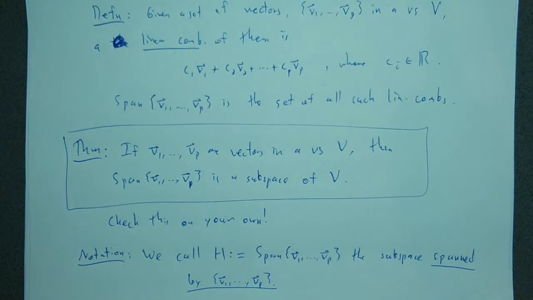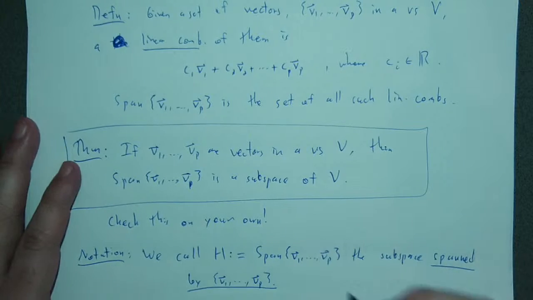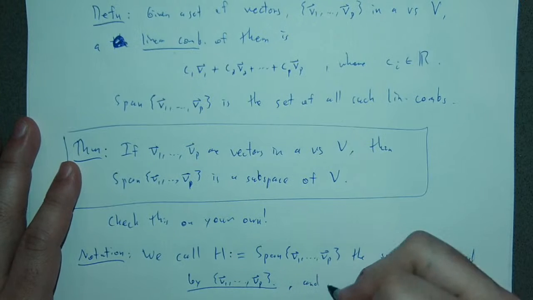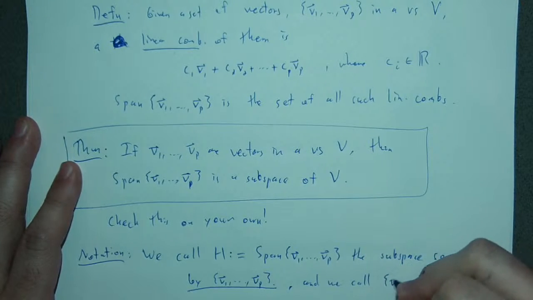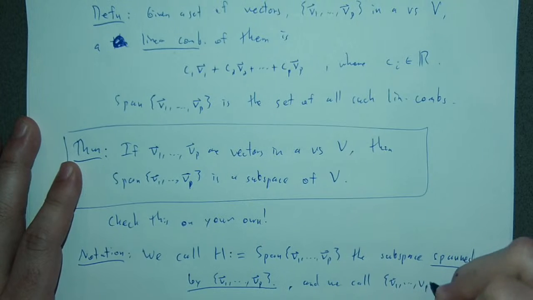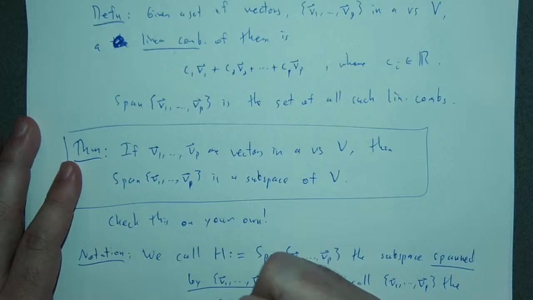Sometimes you'll hear that referred to as the subspace generated by a list of vectors, and we call that list of vectors v1 to vp the spanning set of H.